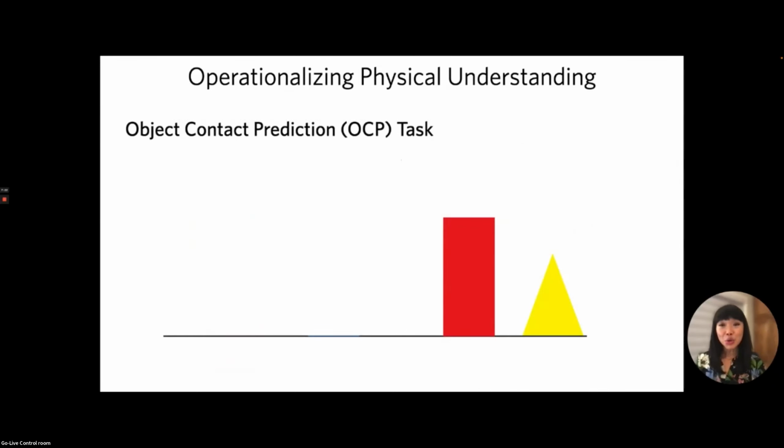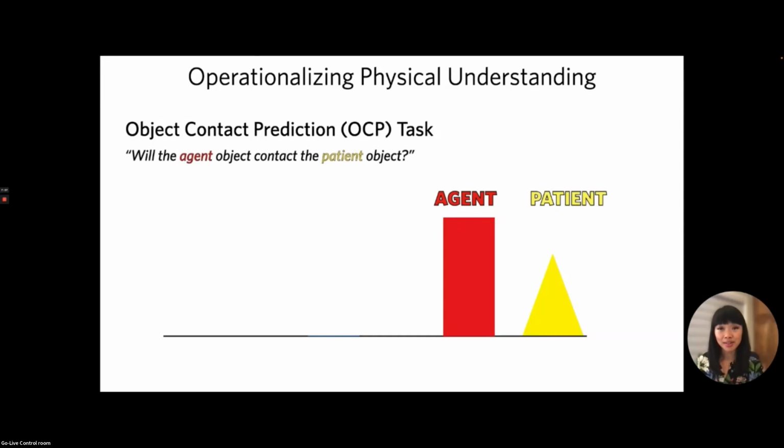And to meet these two conditions, we developed the Object Contact Prediction task. The OCP task asks an agent to consider two objects with a special status, the agent and patient. Then make a prediction based on the presence and kinds of other objects and forces there are in the scene as to whether the agent will make contact with the patient.